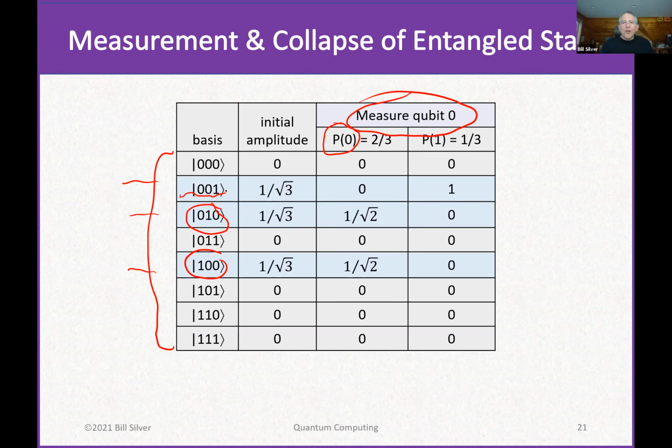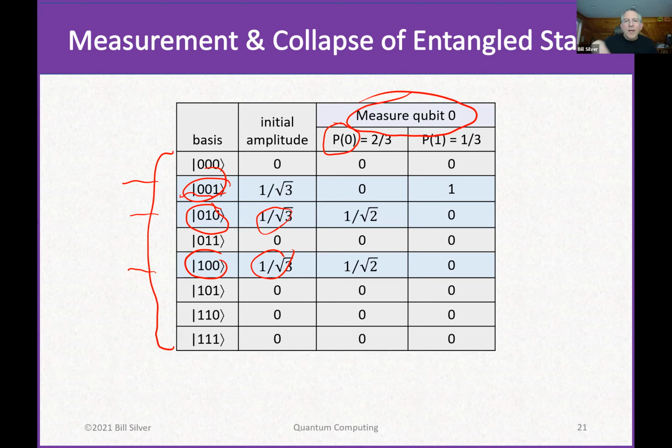So I've got a 2/3 probability, namely the sum of the squares of this and this, of measuring a 0 and a 1/3 probability of measuring a 1. Because if I look at my amplitudes, one of them, this one right here, has qubit 0 as a 1, and the others have it as a 0. So those are my probabilities.